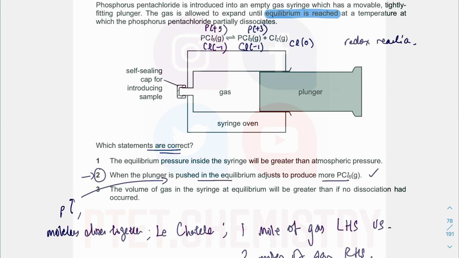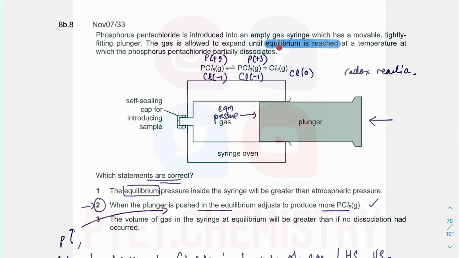So 2 is correct. If you go for number 1, the equilibrium pressure inside the syringe is greater than atmospheric pressure. This is atmospheric pressure exerting on there, and that is your equilibrium pressure. The plunger will stop moving after you allow it to expand until you reach equilibrium.